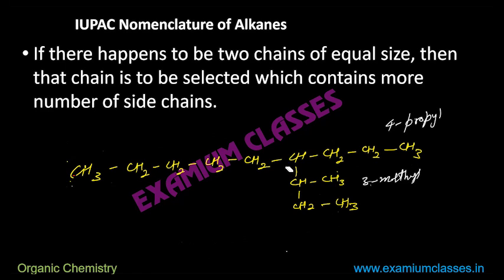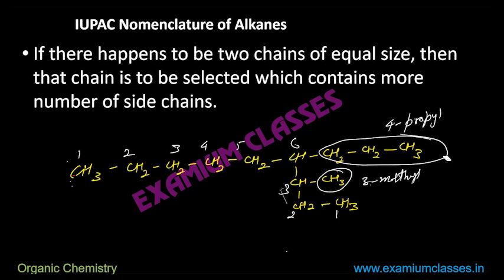Why will I start from the right side? Because from the right side, 1, 2, 3, on third carbon, I have the branch. If I start from the left side, then 1, 2, 3, 4, 5, 6, on sixth carbon there will be the branch. So because branching is nearer from the right side, I will start from the right side, not from the left side.